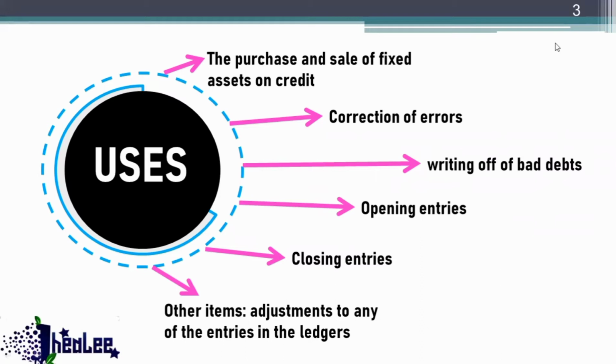So the general journal is used to record the purchase and sale of fixed assets on credit, to do the correction of errors, to show the writing off of bad debts, to record opening entries, also closing entries, and other items as it relates to adjustments to any of the entries in the ledgers. And please note that these are just some of the uses of the general journal.